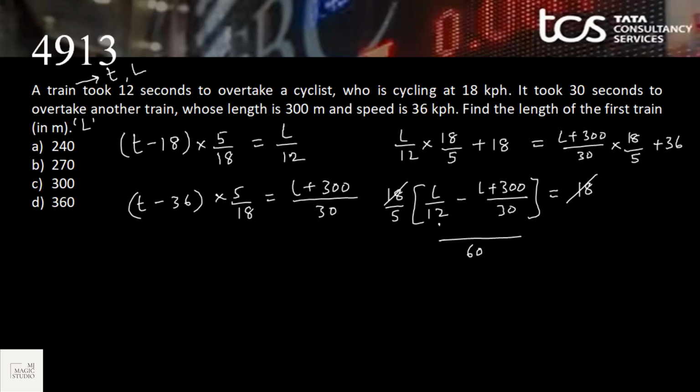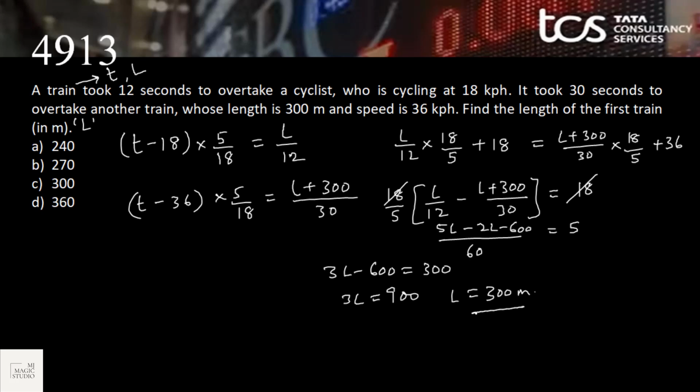Gone. LCM 60. 5L minus 2L minus 600 equals to 5. 3L minus 600 is 60 into 5 is 300. So 3L is 900. Value of L is 900 by 3, that is 300 meters. Length of the first train is 300 meter, that is in option C.